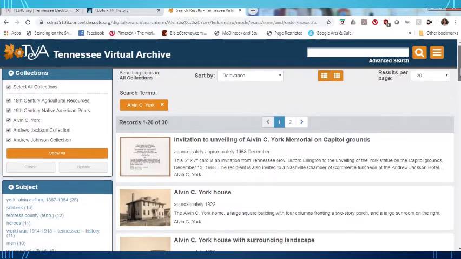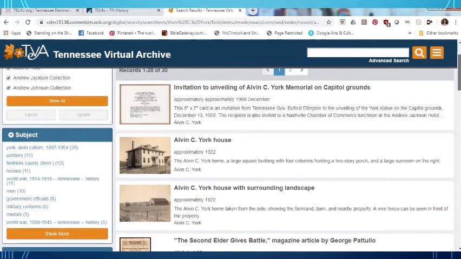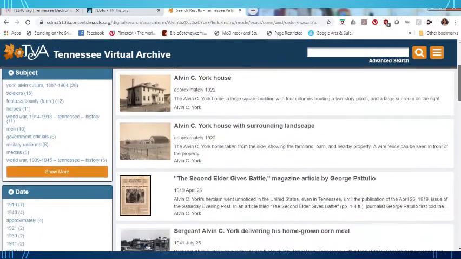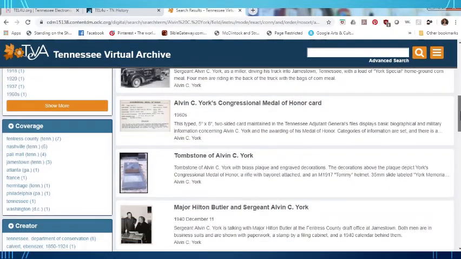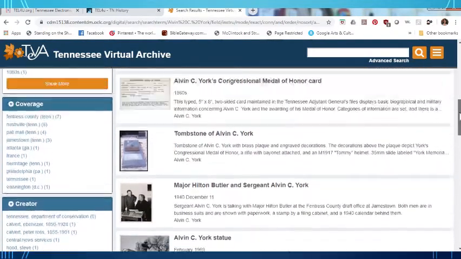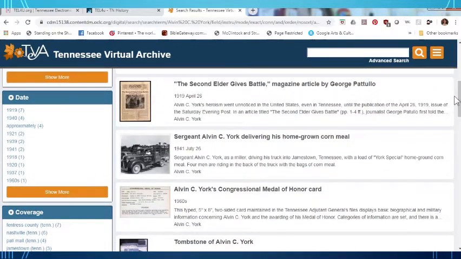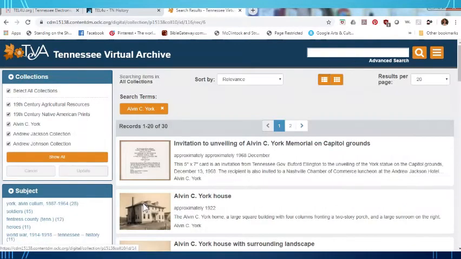And this has some primary sources about Alvin York. What that means is actual pictures, and newspaper articles, magazine articles from that time that you can actually click on and see. So, for example, Alvin York got a Congressional Medal of Honor because he did some very brave things.